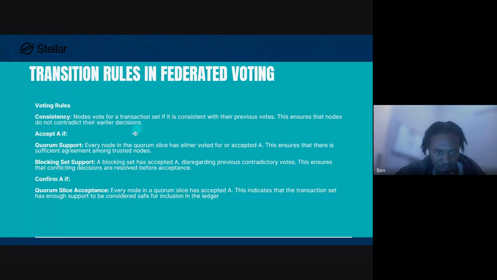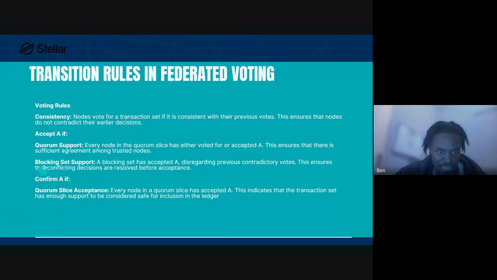So, accept A if quorum support or blocking set support. Quorum support: every node in the quorum slice has either voted for or accepted A. This ensures that there is sufficient agreement among trusted nodes.